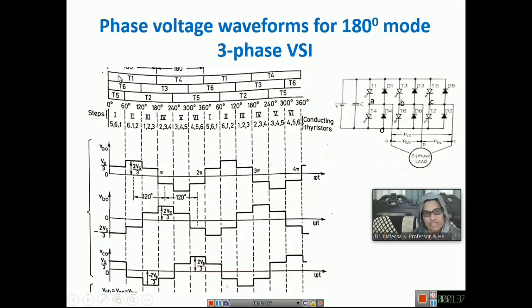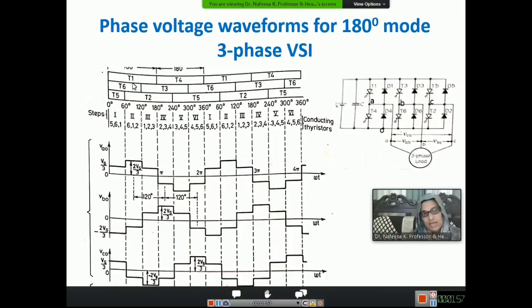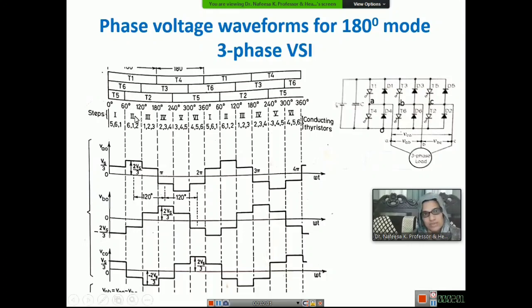The devices conducting are T1, T6 and T5, so we write the devices conducting like this: 5, 6, 1. In the next interval, from 60 to 120, the devices conducting are T1, T6, T2. T2 starts from this point, so it is 6, 1, 2.